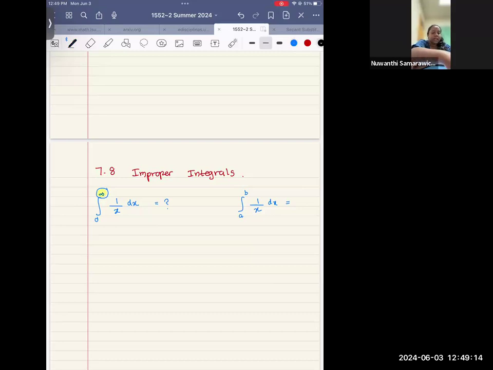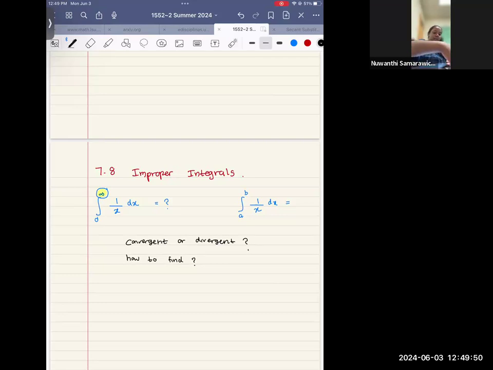And also the other question, which is examinable, is whether this integral is convergent or divergent. How to find whether it is convergent or divergent?